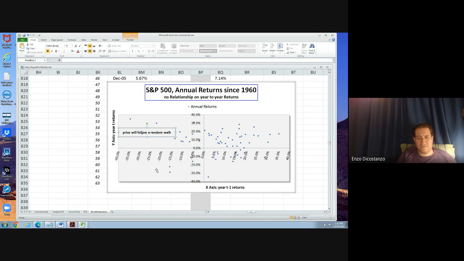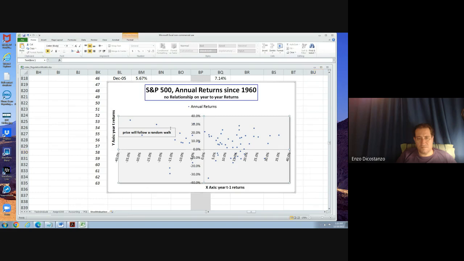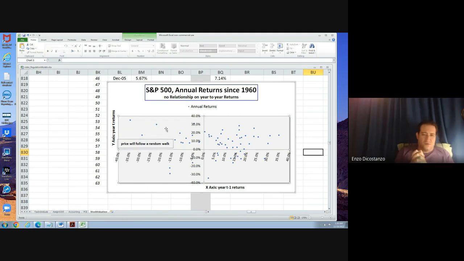But there you go. Okay, price to follow a random walk. Good enough.